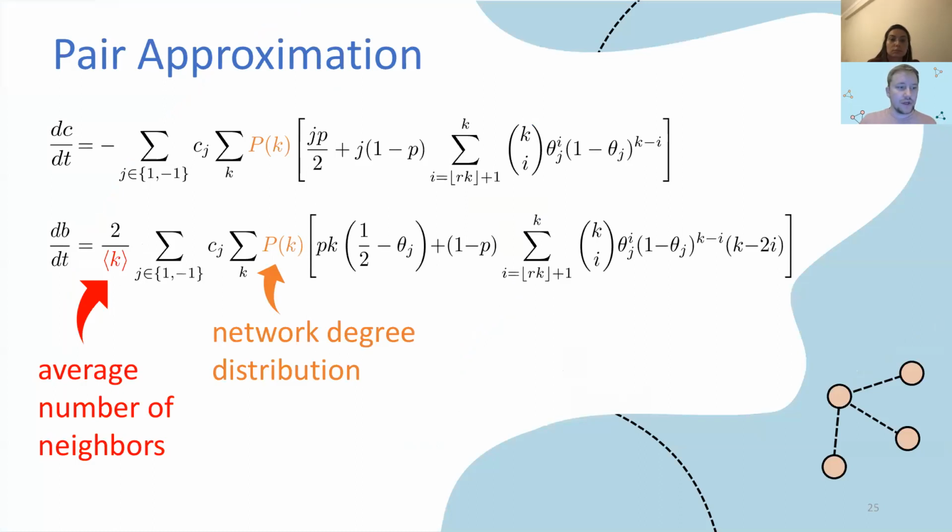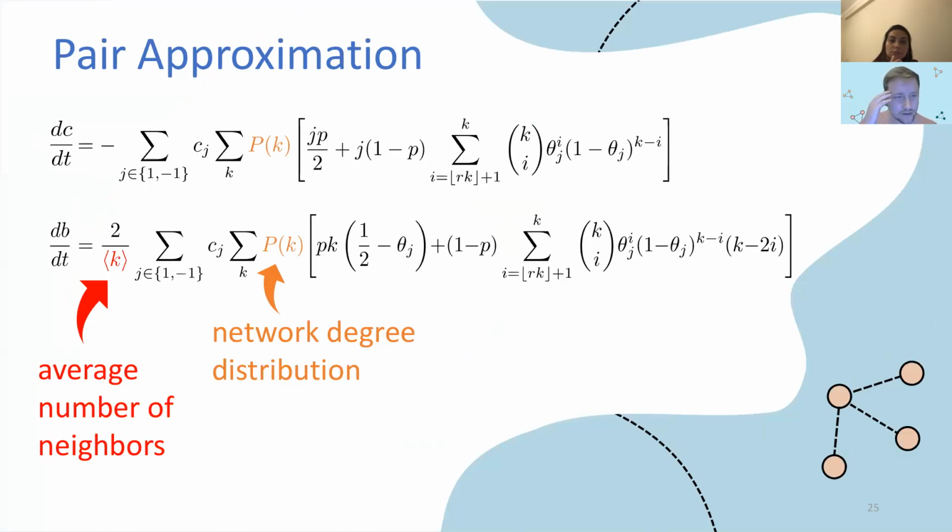We want to perform Monte Carlo simulations and check how the stationary solutions change due to some parameters of the model. We can also track everything by analytical calculation, using the pair approximation approach. In this approach, we produce two equations. The first one describes the dynamics of the concentration of opinions. The second one describes the dynamics of the active links, the links which connect agents with different opinions.